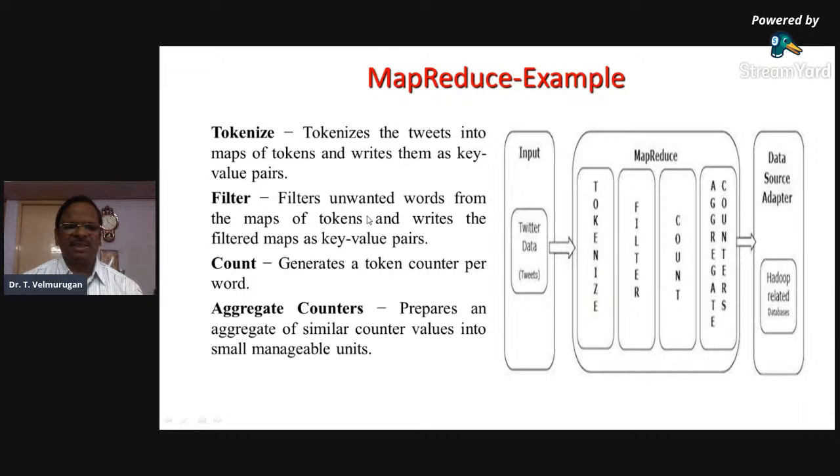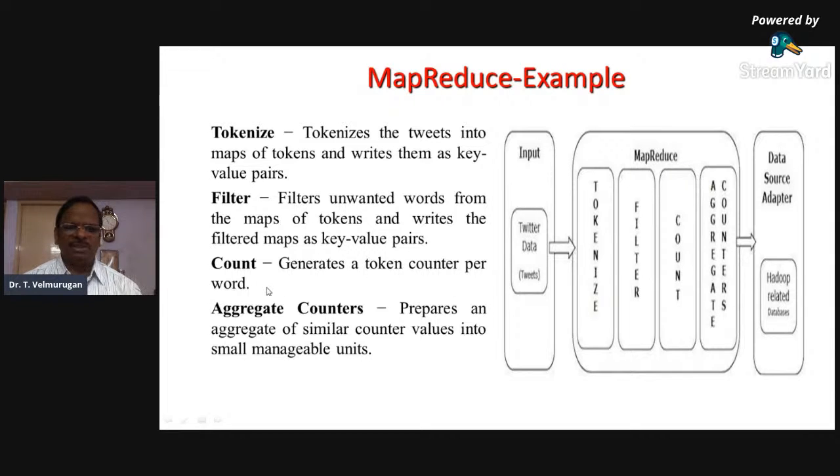Then filters are used for filtering the unwanted words from the maps of tokens. Sometimes the word "the" appears more than once; only one time the word is taken into account. It writes the filtered maps as key value pairs. Then count generates a token counter per word, that is, how many times that word appears.